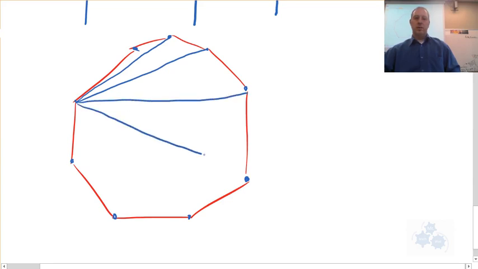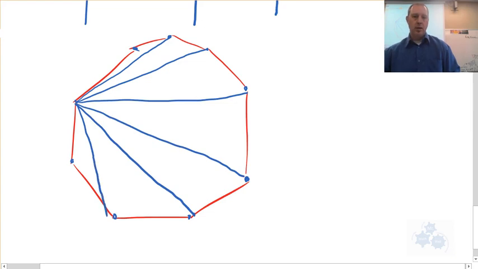Assuming these are straight lines. It's tough to do with a tablet. How many triangles is that? That last one was really bad. So how many triangles do we have here? This is almost artwork, isn't it? 1, 2, 3, 4, 5, 6, and 7. We have 7 triangles.